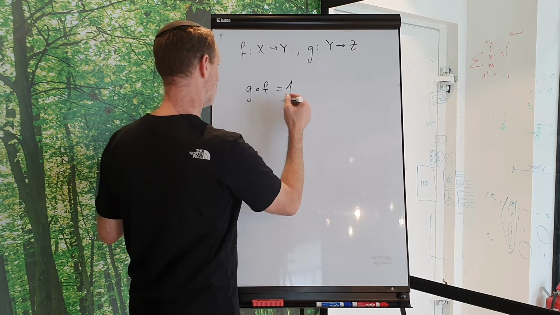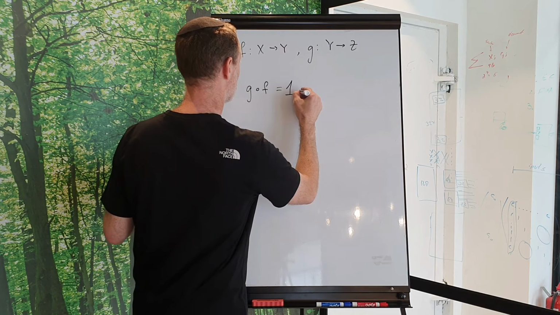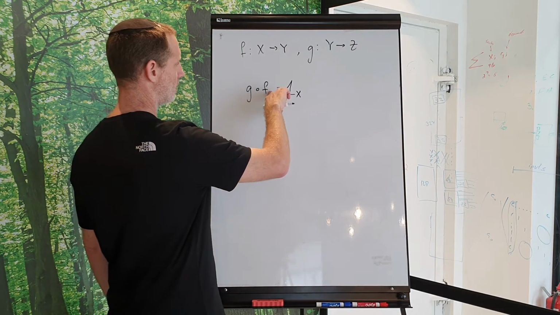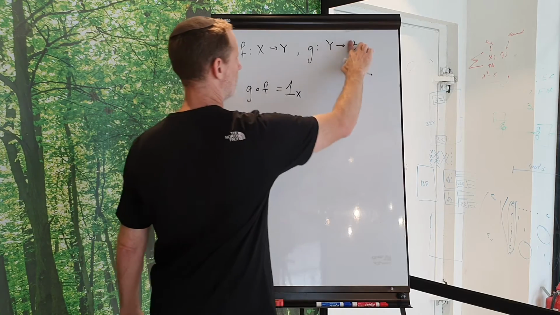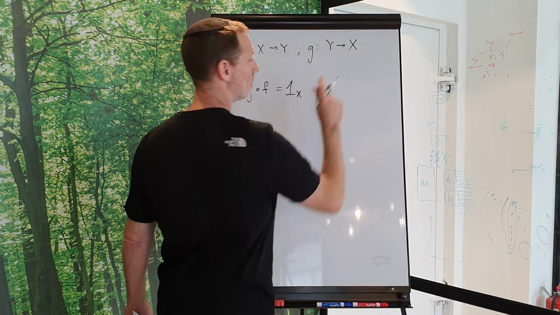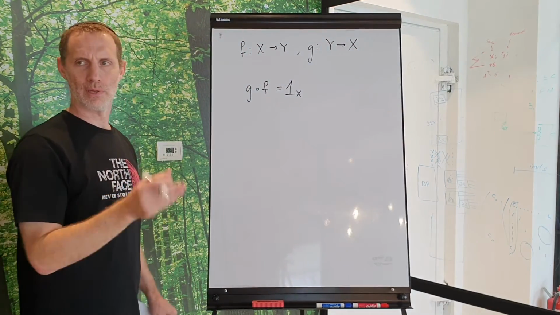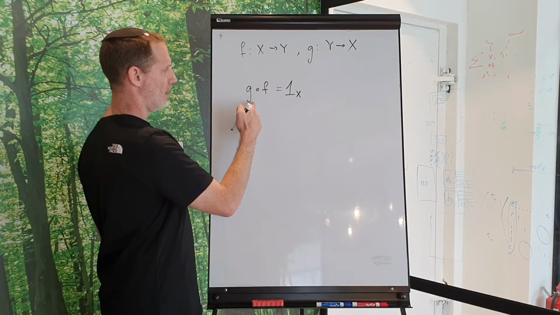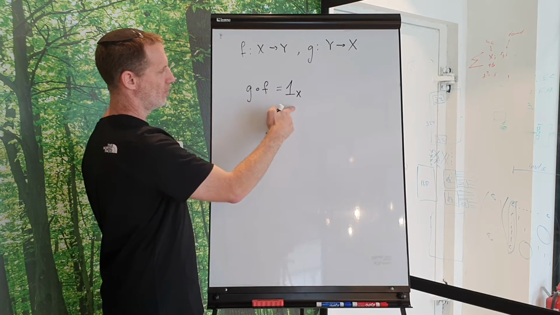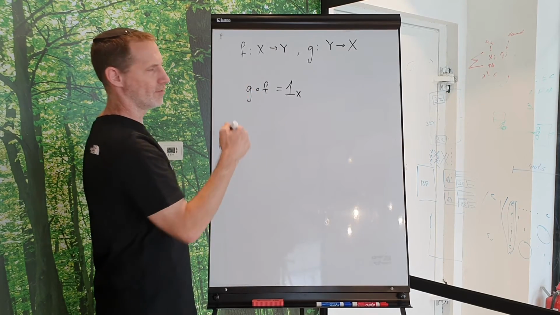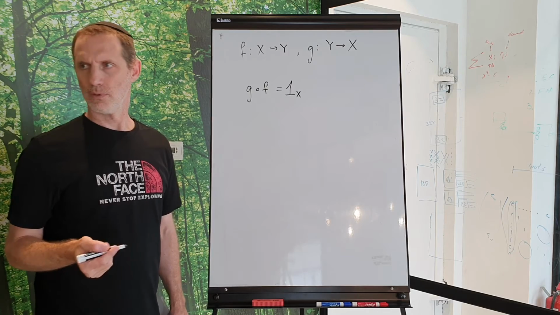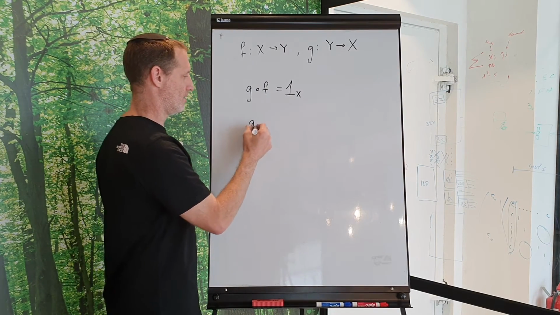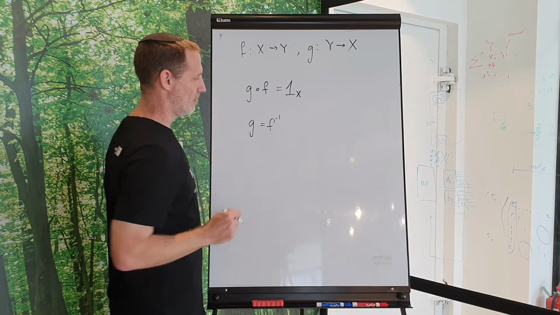It would be the identity of x, because we start with x and end in x. If this is true, then that's when we call g the inverse of f, and we would probably mark it g equals f minus 1.